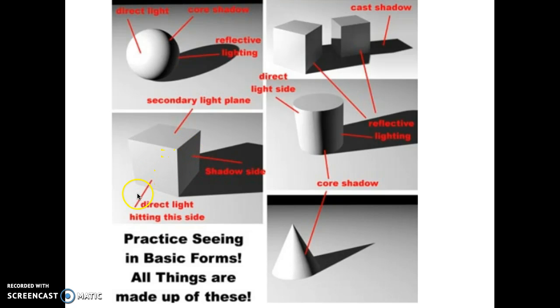So we have the light that hits one side of the cube, and then we have the secondary light plane, and then the shadowed side of the cube, and the cast shadow. So you can see that curved forms and rectilinear forms have very different ways that the shadow falls on those objects. And that has to do with the fact that light doesn't bend around corners, but it will kind of fall around a curve.